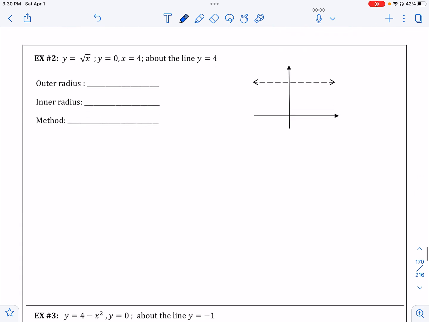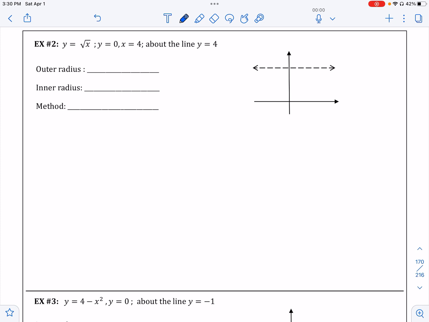So let's look at this concrete example. We're talking about the square root function, which looks like this. We're talking about x equals 4, this vertical line here, and y equals 0, this horizontal line here.